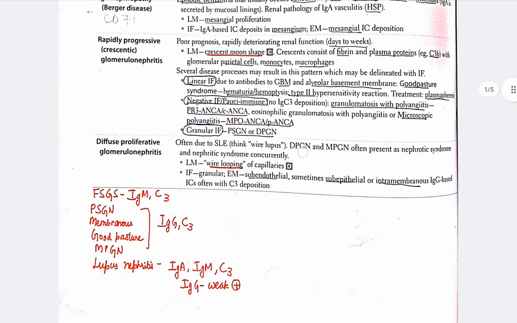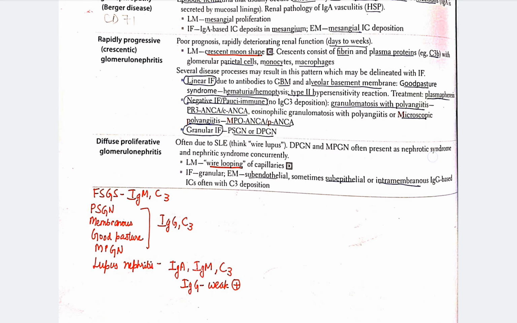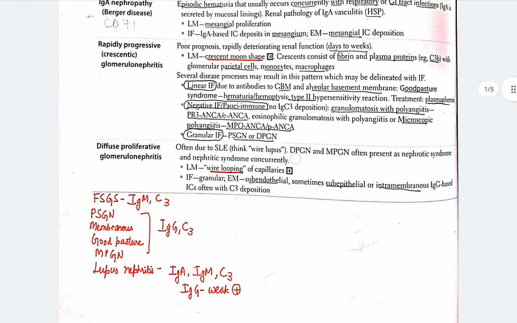Diffuse proliferative and MPGN often present as nephrotic syndrome and nephritic syndrome concurrently. Means in diffuse proliferation and membranoproliferation, whether only the membrane is proliferating or it is proliferating diffusely, in both cases there will be both nephrotic and nephritic syndrome.